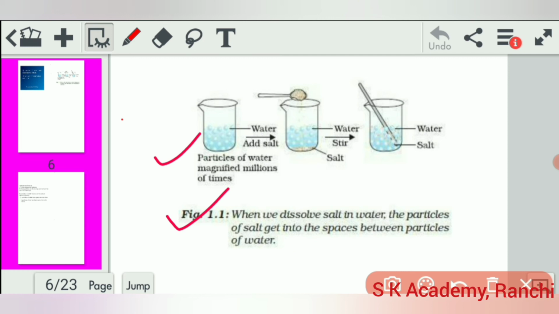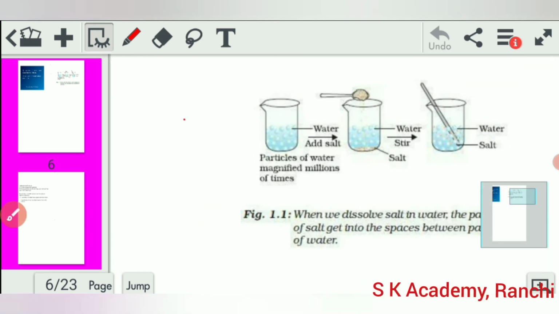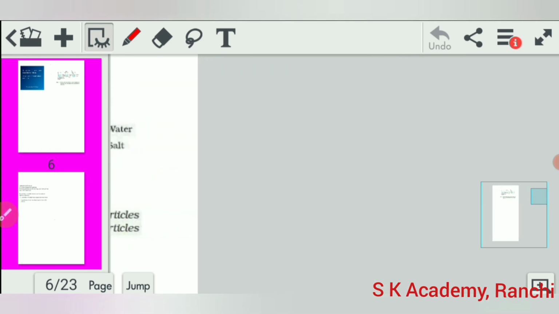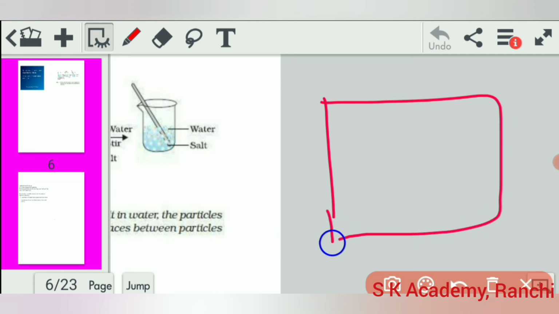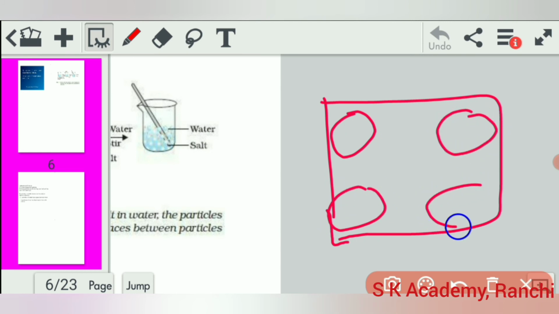So actually what happens here, suppose this is water and these are water particles.